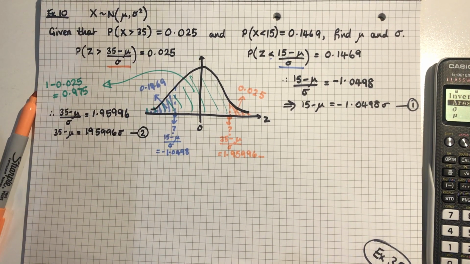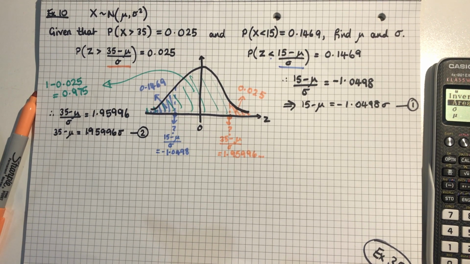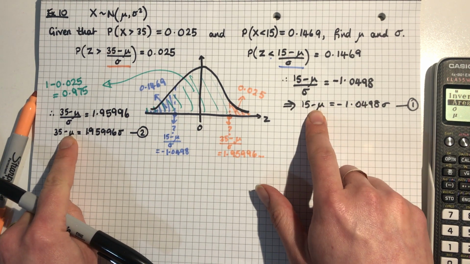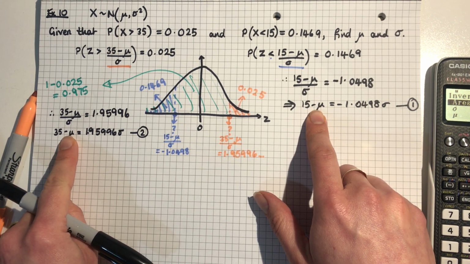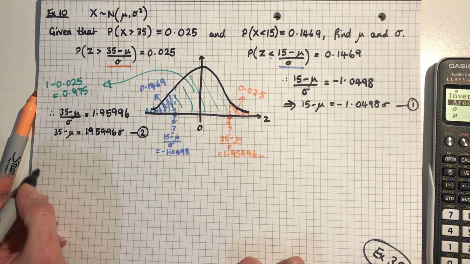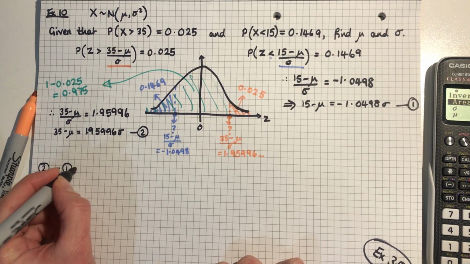Now, of course, there are lots of ways to solve simultaneous equations. What I notice with both of them is that we have a minus mu. So if I subtract one from the other, I will eliminate mu. So I'm going to do equation 2 subtract equation 1.